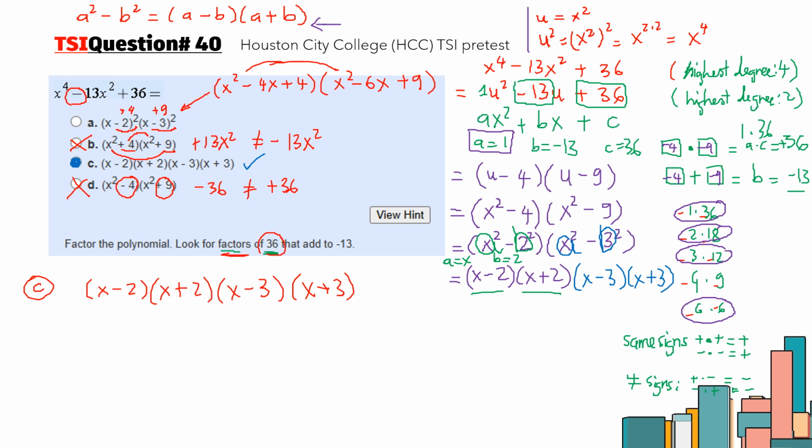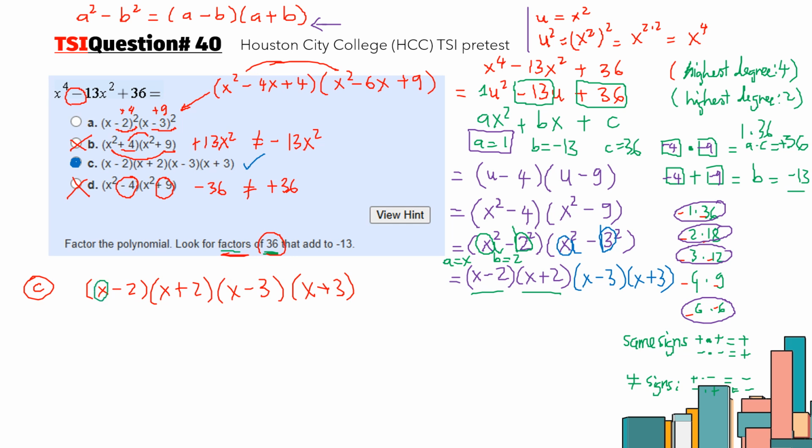This one will produce 9 terms total, so it takes a lot of time and effort. So instead of doing A, I'm doing C first, because I see C has something that looks like my formula.